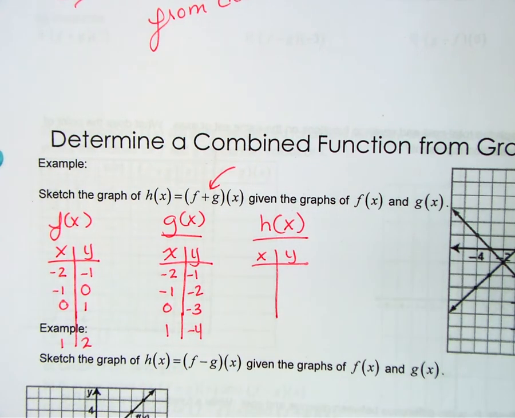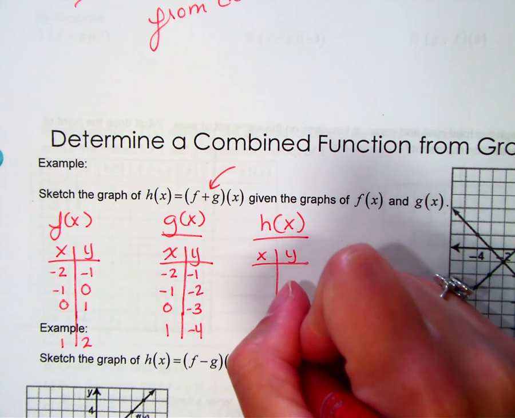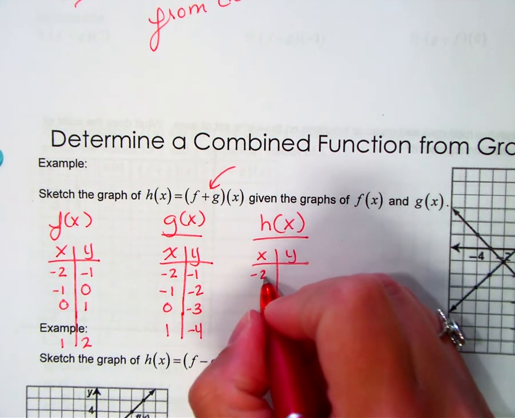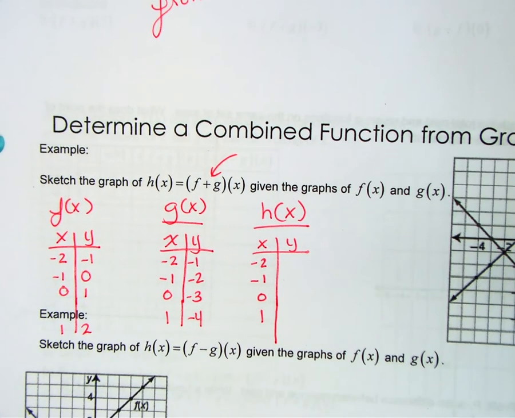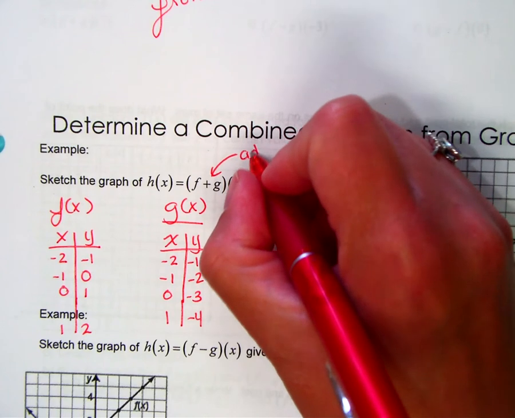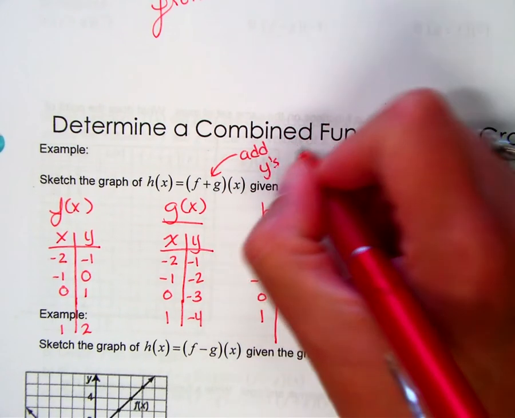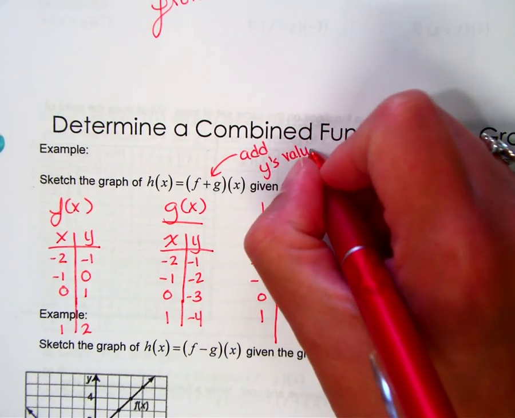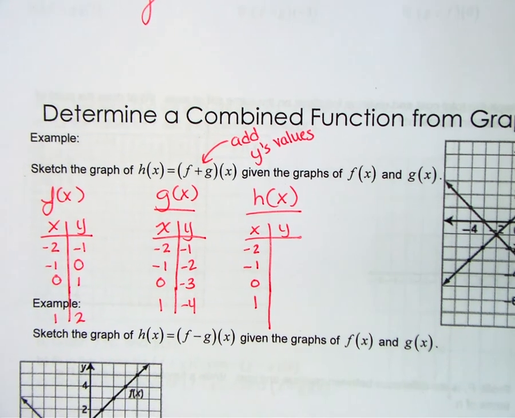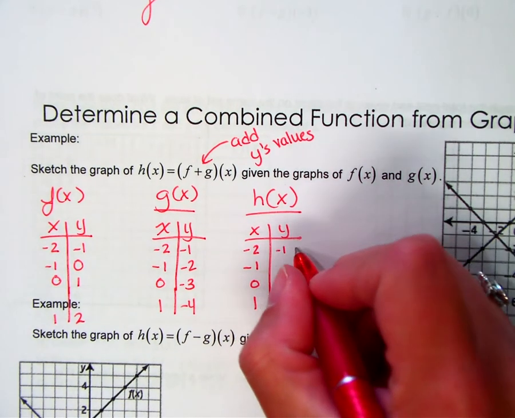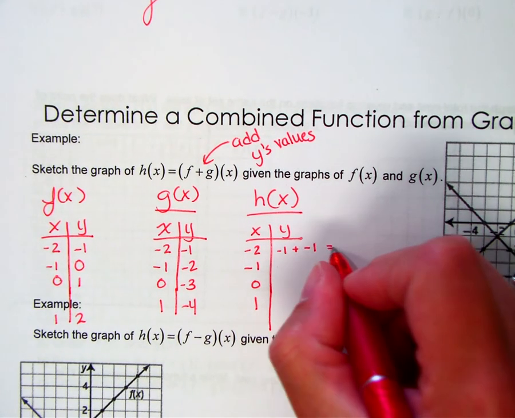So when I go to do my h of x graph, I have -2, 1, 0, 1. And so it's saying that we add the y values. Okay, so I've got -1 plus a -1.